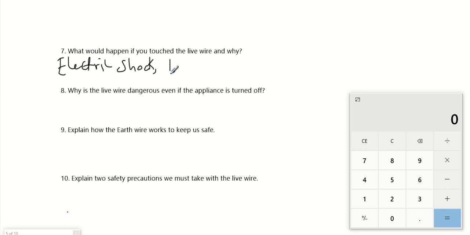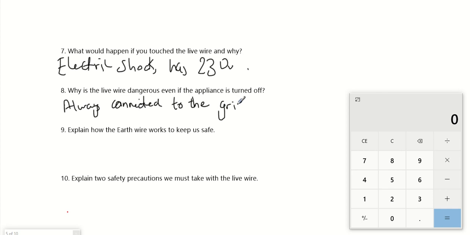Why is the live wire dangerous? Even when it's turned off, it's always connected to the grid, to the national grid.